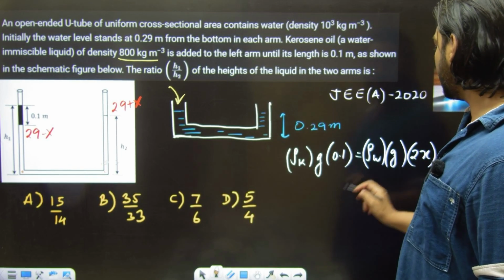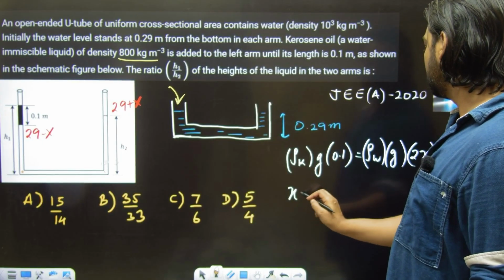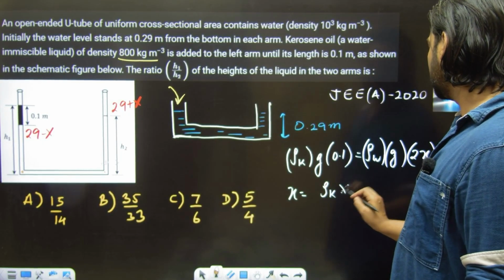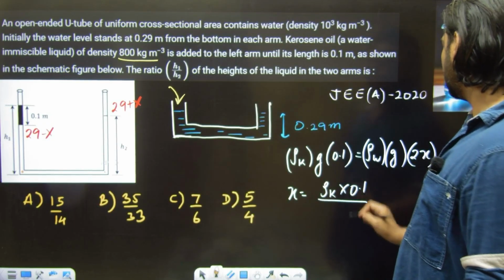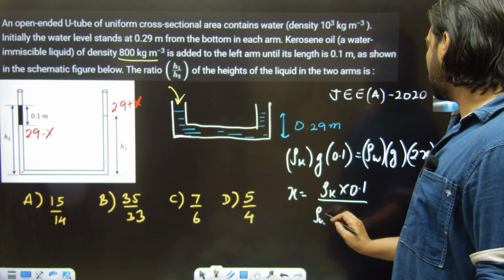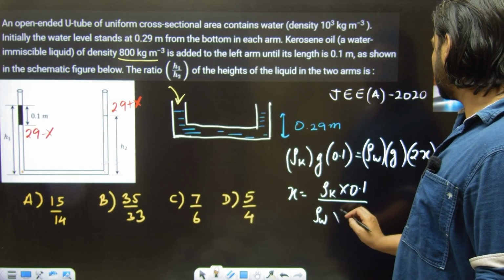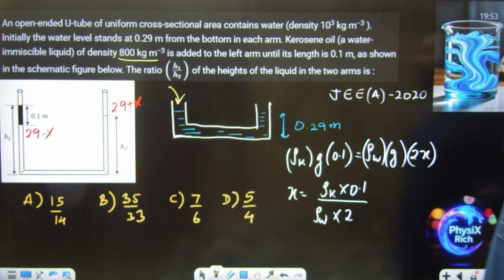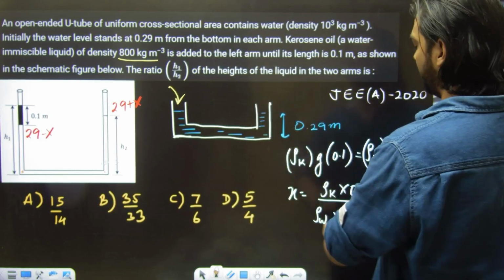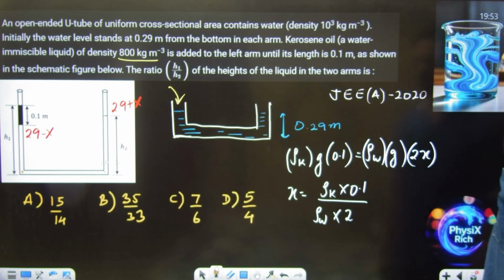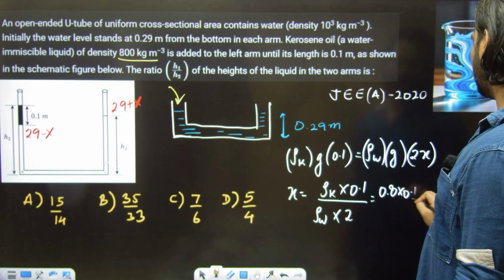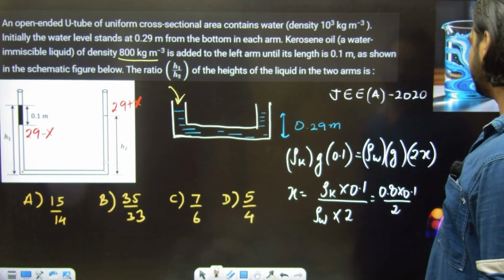And this x comes out as density of kerosene times 0.1 upon density of water times 2. Density of kerosene is 800, density of water is 1000. So this is going to be 0.8 times 0.1 by 2.